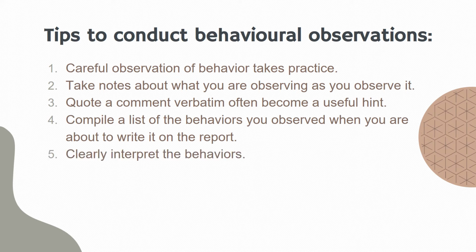This is the last tip. Your interpretation will help the reader understand the behavior. For example, the fact that Claire tapped her feet during the digit span subtest could indicate anxiety, boredom, or frustration.